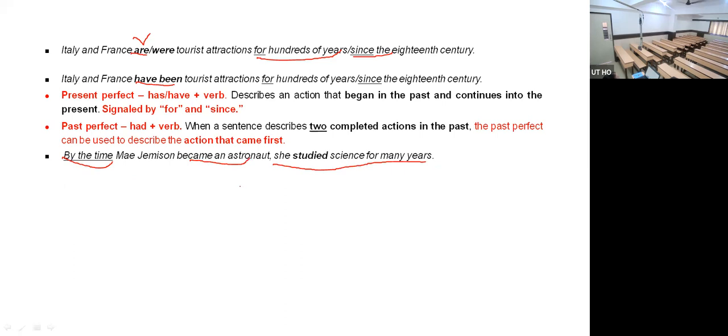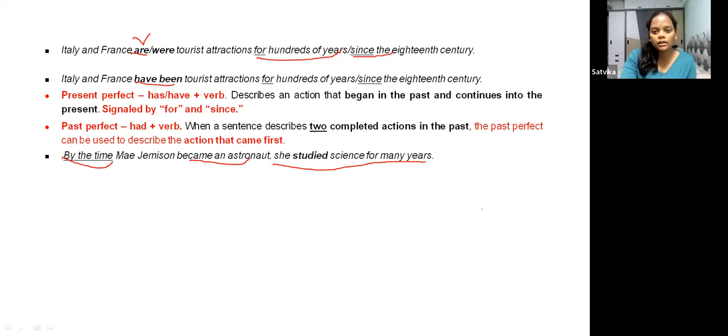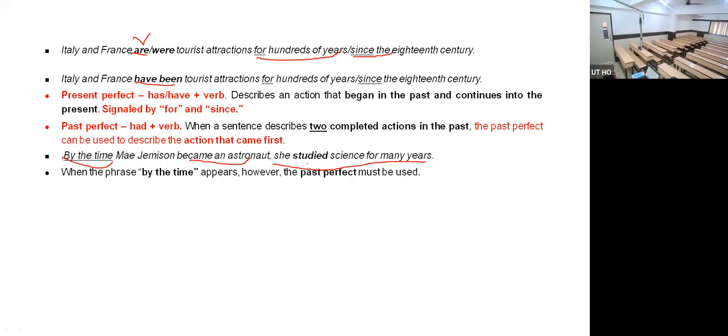So these are two completed actions. What do we use? The past perfect. Yeah. So she studied will be correct. Now both are in the past, so we will not use has studied. So just studied will be fine.